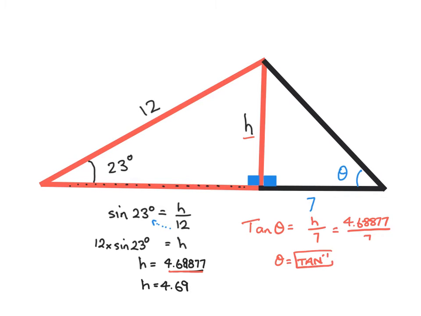So theta will equal tan negative 1 of 4.68877 over 7. And we get the calculator out and work that out. And we get the answer 33.82 degrees. So there we've linked one triangle into another.